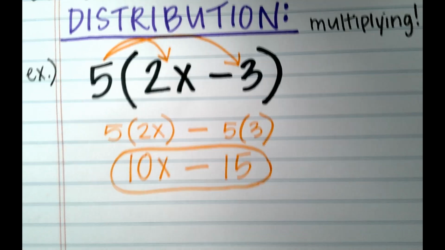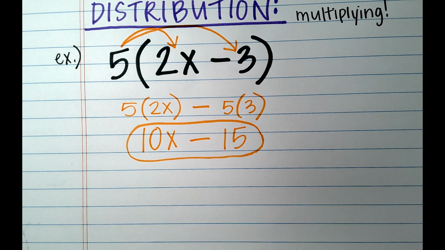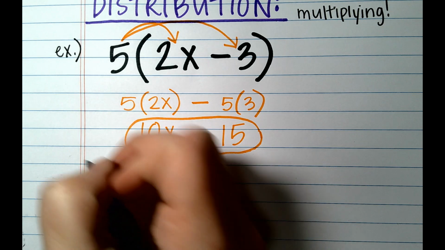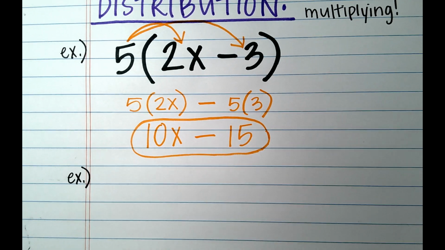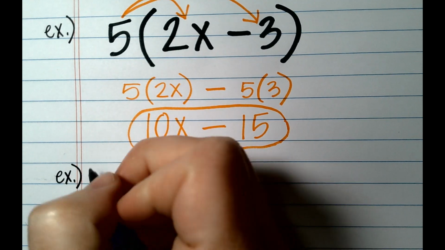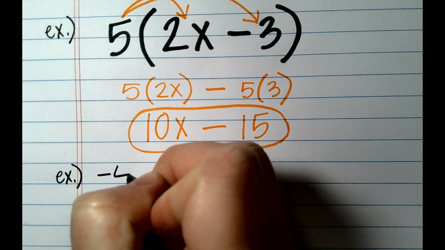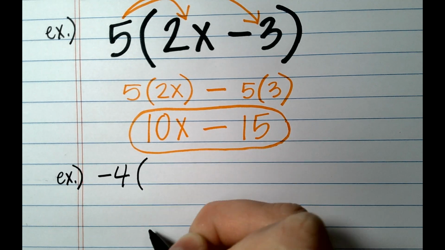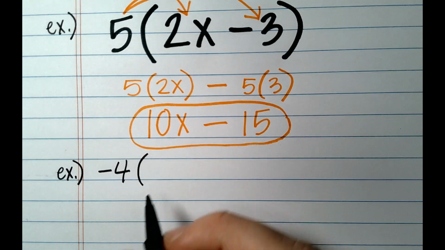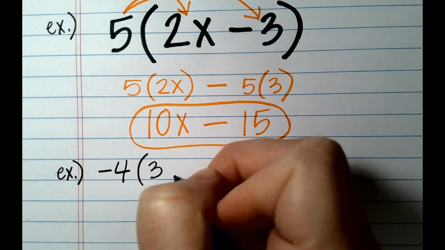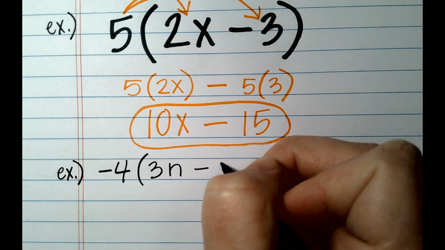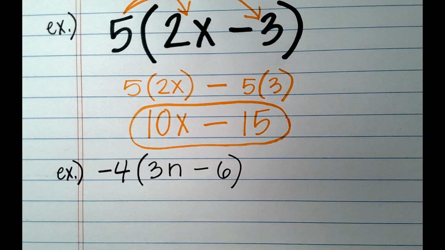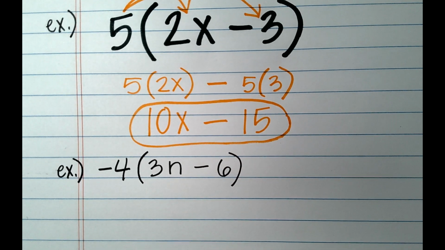So I'll give you some other examples here. Let's see. -4 times 3n minus 6. This one might be tricky because I stuck a negative in there.